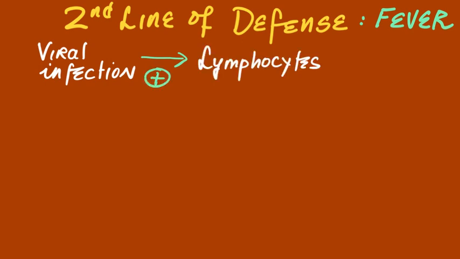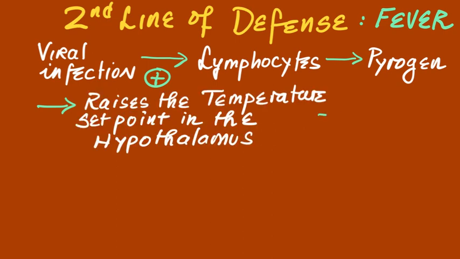Another type of second line of defense against the COVID virus is fever. When there is a viral infection, it activates certain kinds of lymphocytes which respond by producing a protein called a pyrogen. The pyrogen acts on the hypothalamus and raises the temperature set point in the hypothalamus.